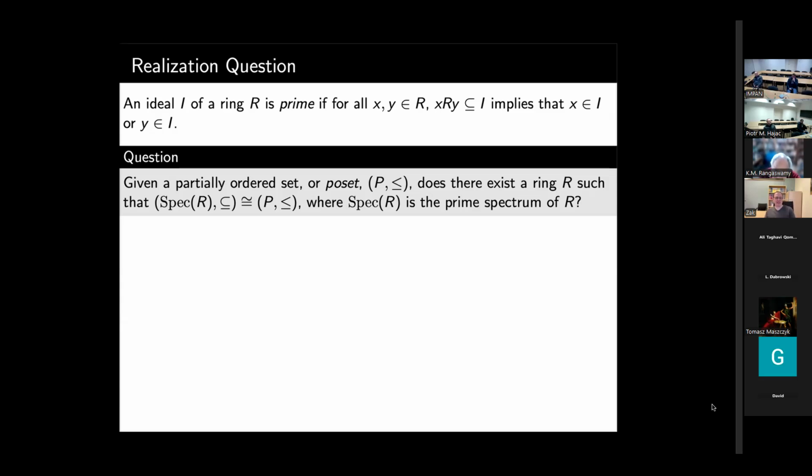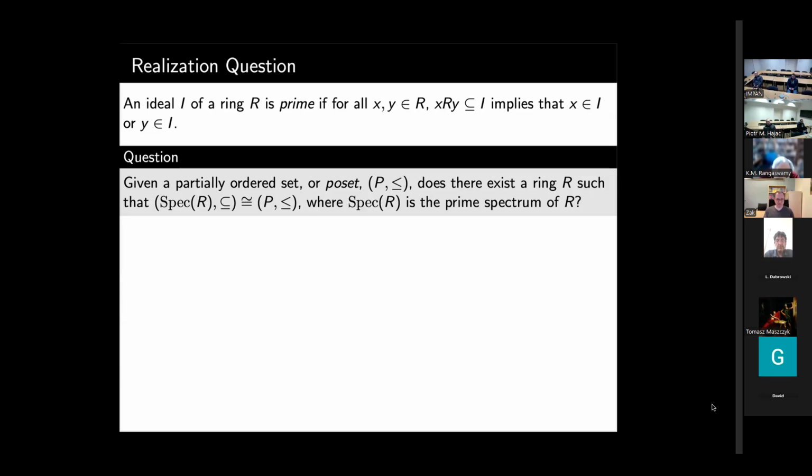However, if instead of talking about all ideals, you look at just prime ideals, then that really opens things up because that's not going to be a lattice. And in theory, you might be able to get any possible partially ordered set. Well, not any possible. There'll be restrictions, but it doesn't have to be a lattice anymore. And so there's a long history in the ring theory literature of looking at this question.